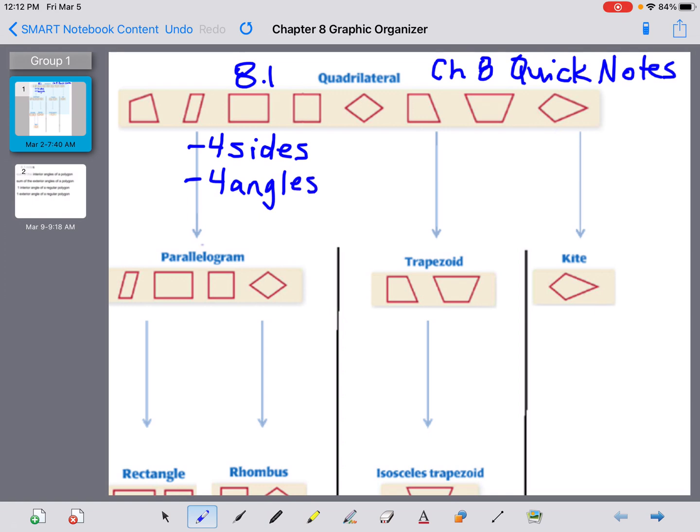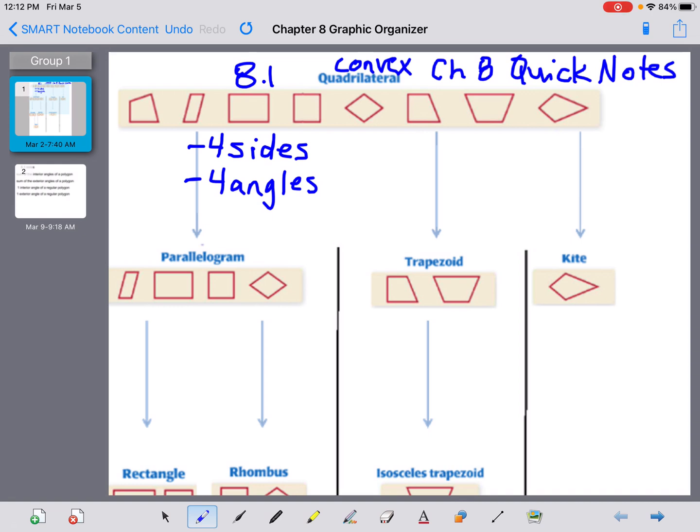Now, what you can see in this picture with all these quadrilaterals is that these are always convex, okay? I should put this little note: this is for everything that's convex. If things cave in, none of these rules apply. There's still four sides and four angles, but the rest that I give you are going to be different.